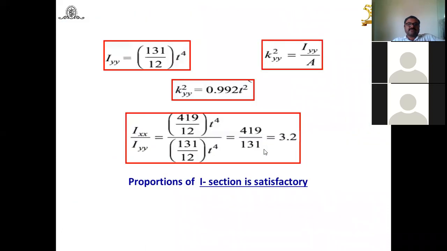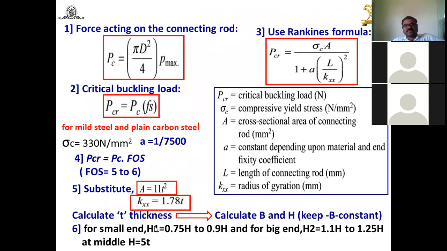And where it is varied, look at this diagram here. I have written for the small end, H1 in the range of 0.75 H to 0.9 H. And towards the big end, the I-section cross section varies, H2 in the range of 1.1 H to 1.25 H, and in the middle, H is the standard one.